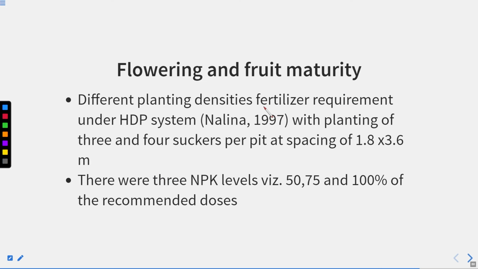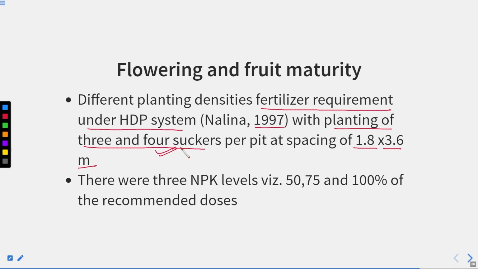Different planting densities and fertilizer requirement under the HDP system, that is Nalina, we have quoted here, with planting of 3 or 4 suckers per pit at the spacing of 1.8 by 3.6 meter. So 3 to 4 suckers you can plant.